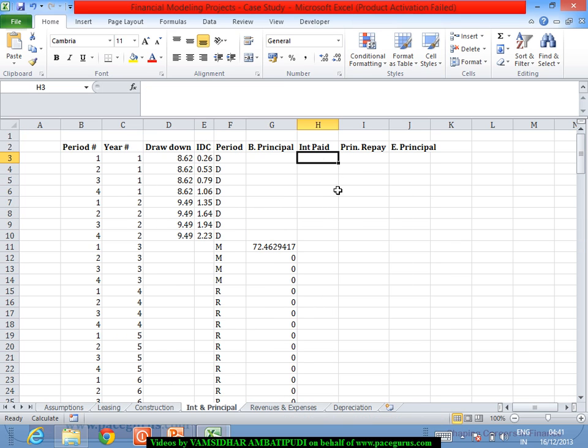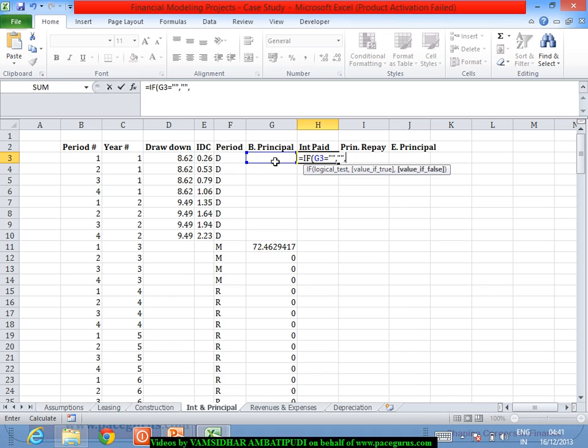Now, the interest repayment is as simple as this: if the principal part is blank, interest would be left as blank. If the principal is equal to blank, I will leave the interest also as blank.